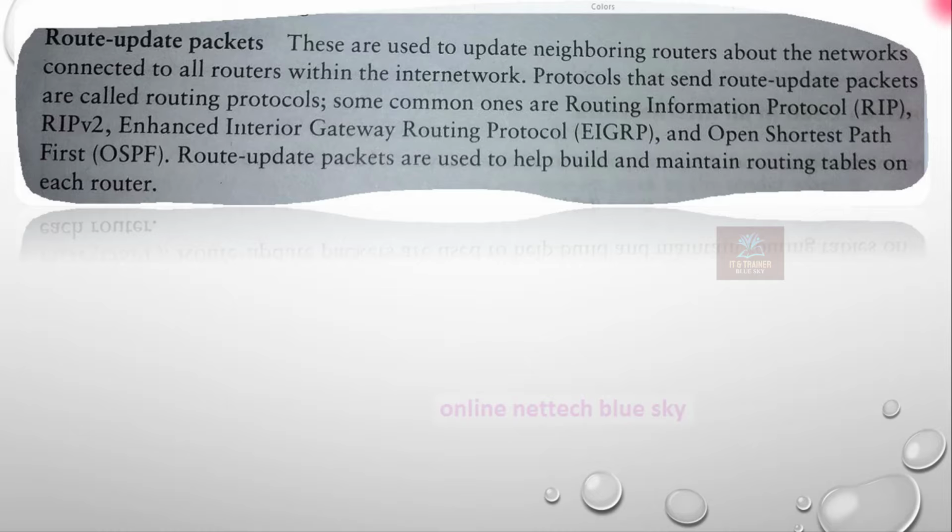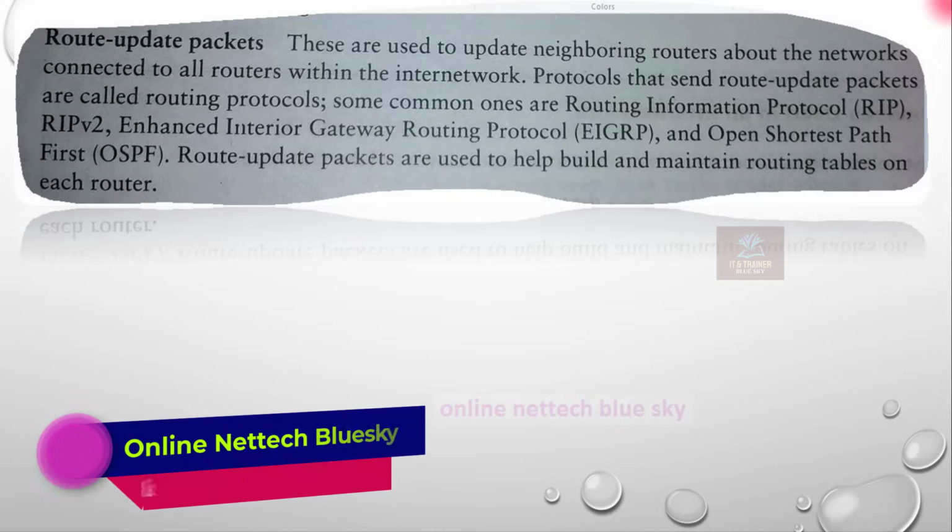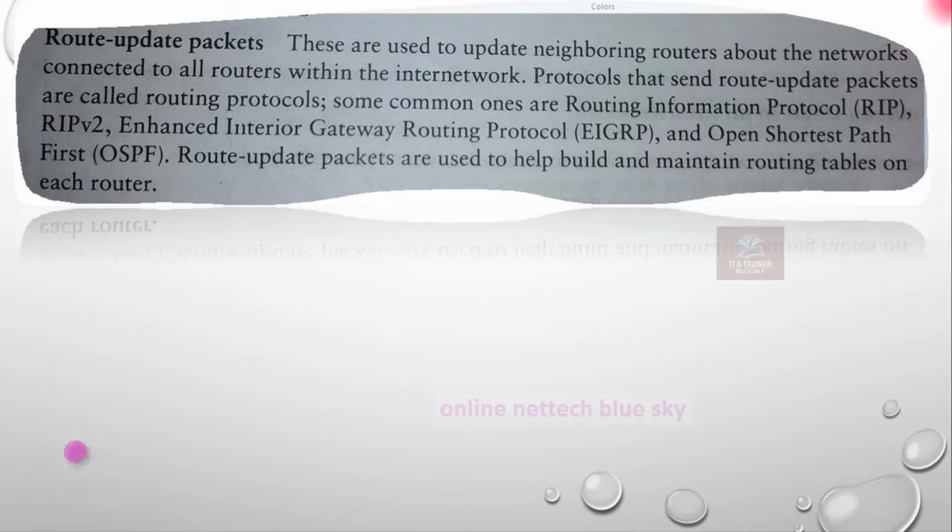Some common ones are Routing Information Protocol, RIP, RIP version 2, Enhanced Interior Gateway Routing Protocol, EIGRP, and third is Open Shortest Path First, OSPF.